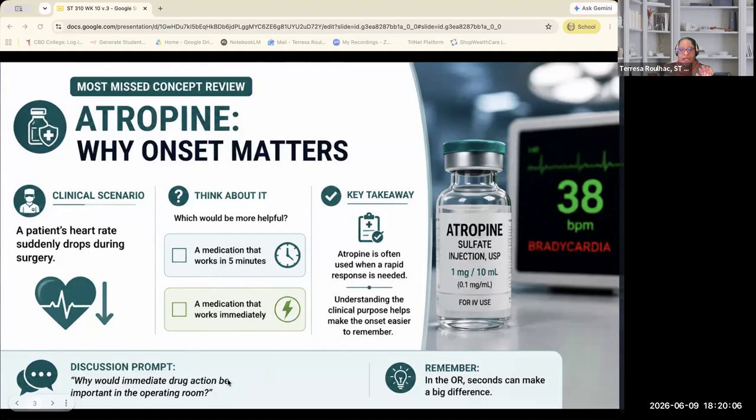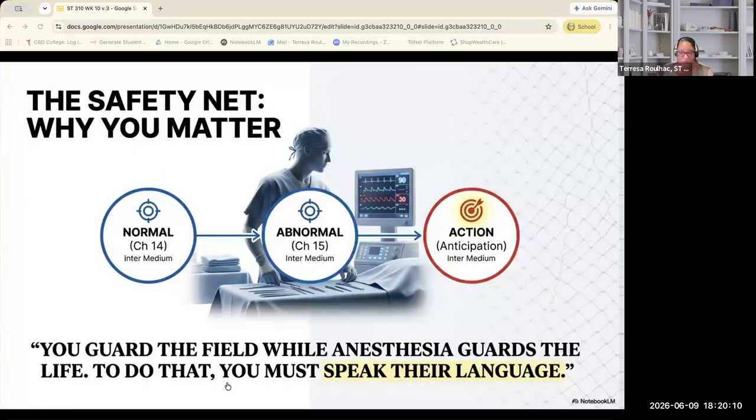All right, now let's get into tonight's information. I want to talk to you all about why all of this matters beyond just the quiz, beyond the final exam. As CSTs, we are a part of the operating room safety net.